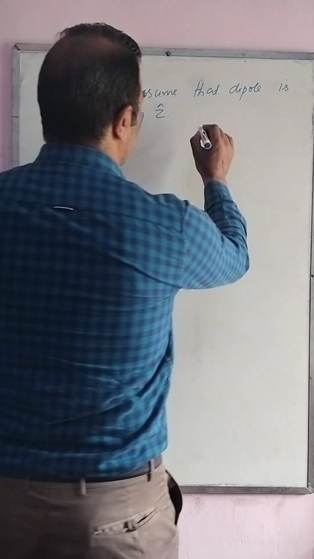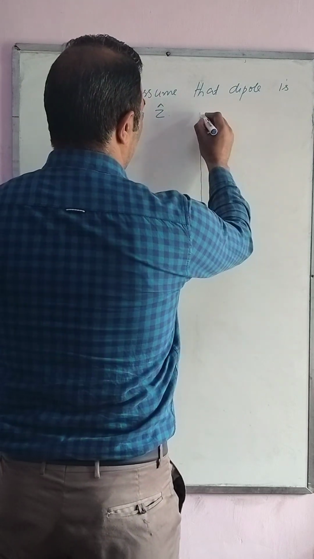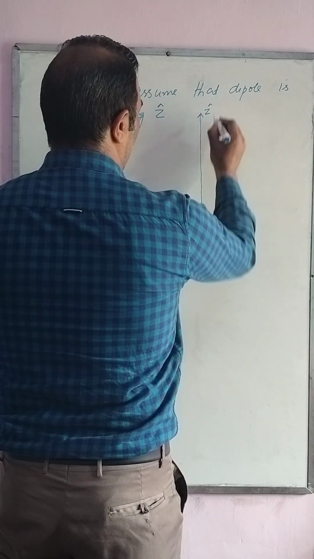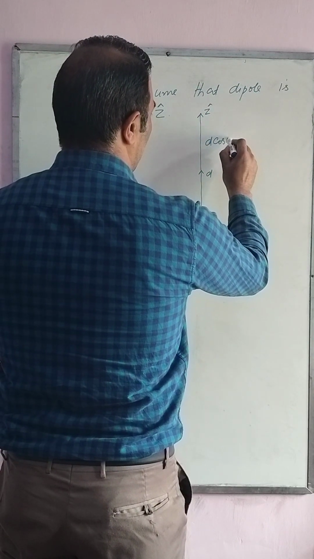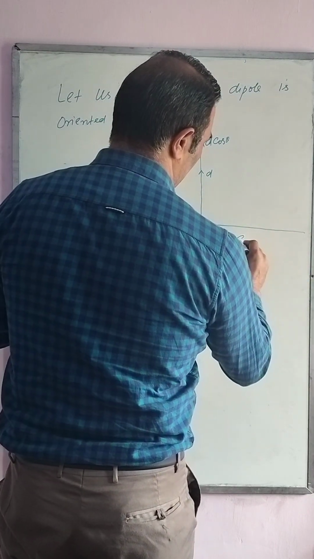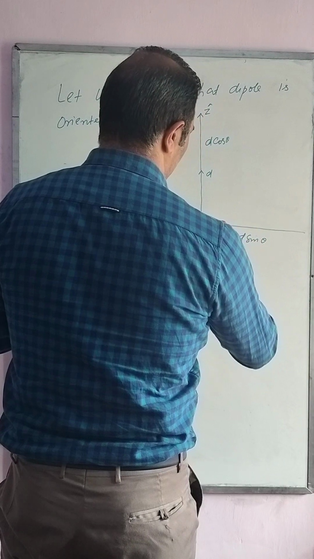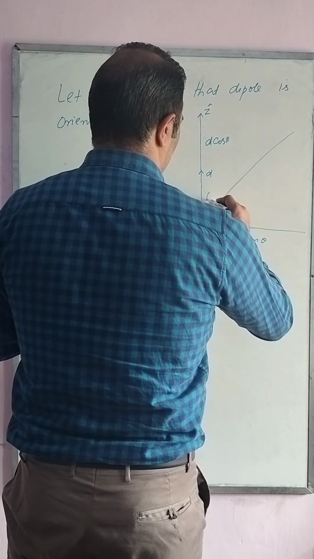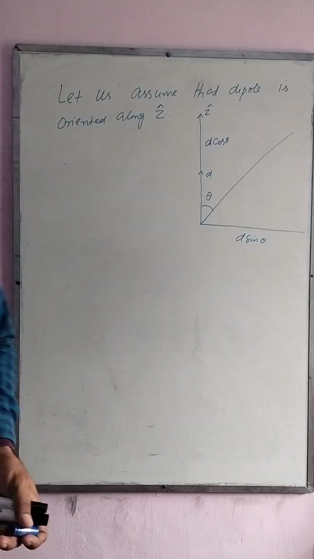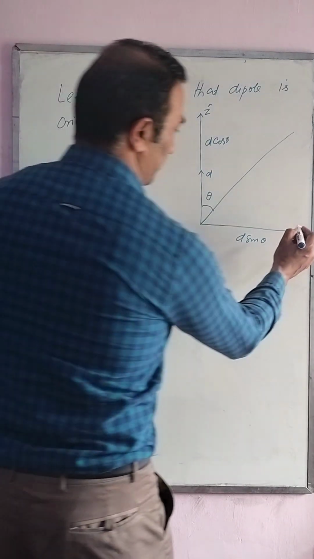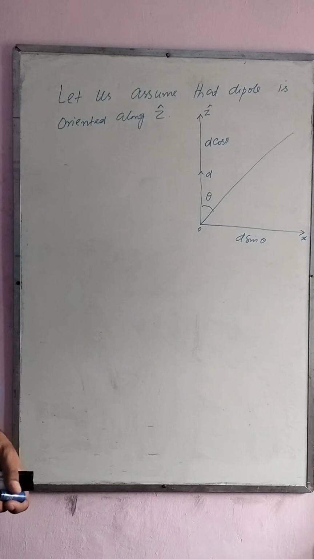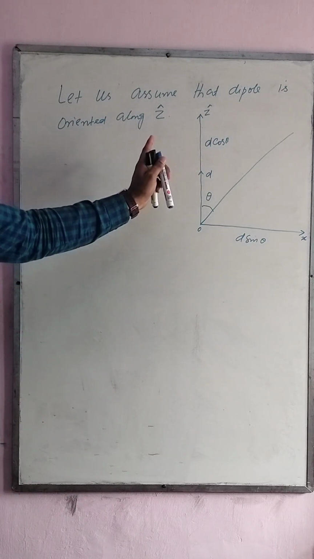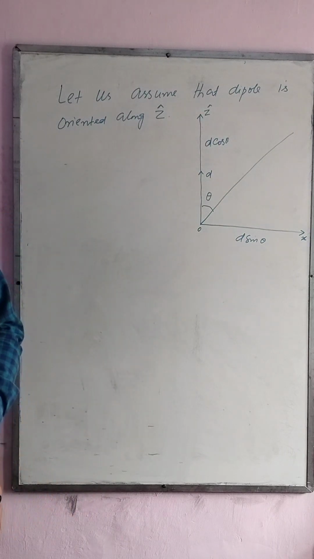Okay, so that means this will be our z cap, and this is the direction of the dipole, and this will be d cos theta, and this will be d sine theta, and this is x direction. Okay, now we assume here that the dipole is oriented along this z direction, right? So that means the axis of the dipole.